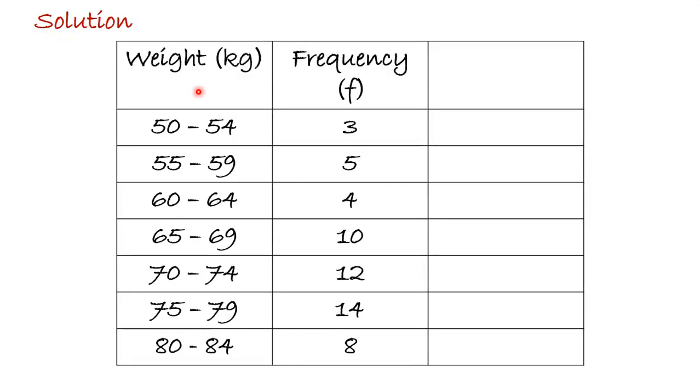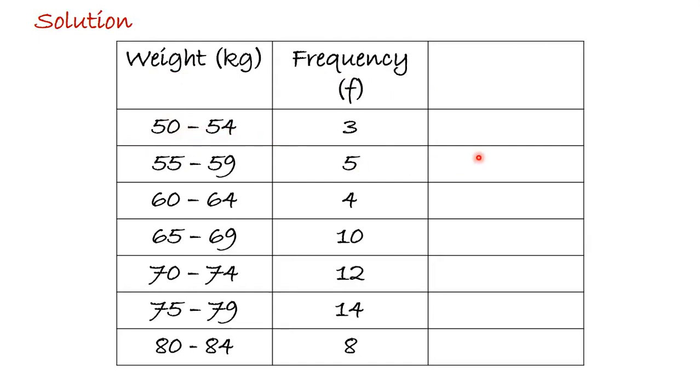So in our solution, we need mid-marks, because remember we need mid-marks and frequency. So we have our frequency distribution table here, the weight and then the frequency. But what was not given is the mid-mark or the class mark, which is used. And when I say the mid-mark in this case, if it is weight, of course we are talking about the mid-weight.